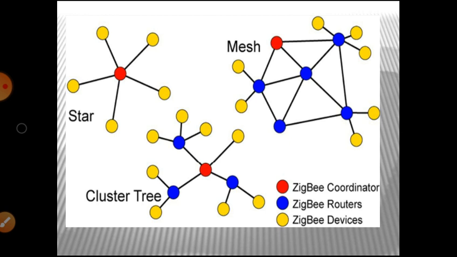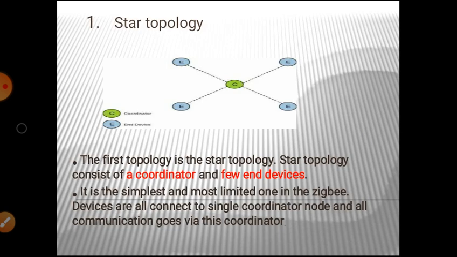Now see all the topologies one by one. First, star topology. You can see the diagram of star topology here. Star topology consists of a coordinator and a few end devices. There is no router in a star topology. It is the simplest and most limited one in ZigBee.